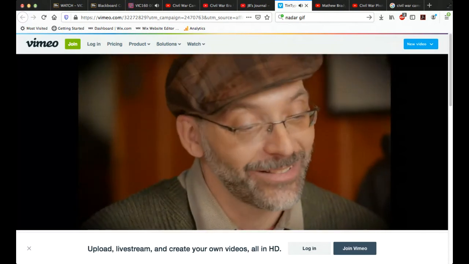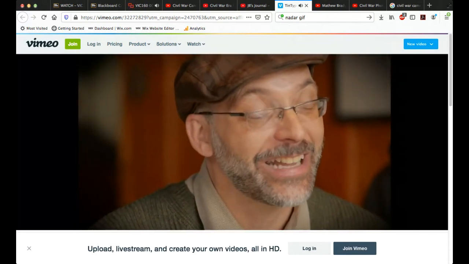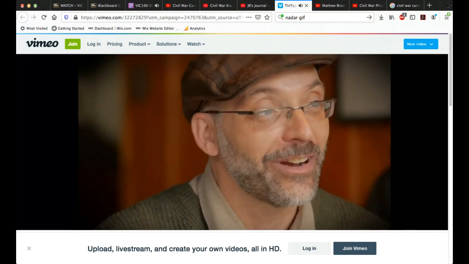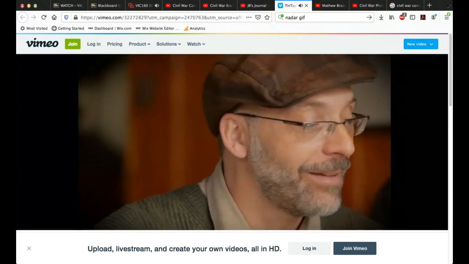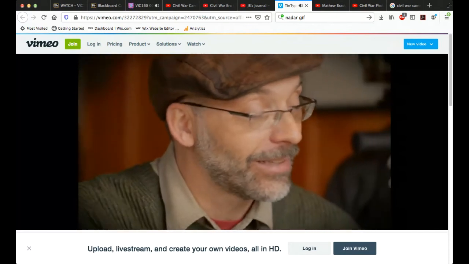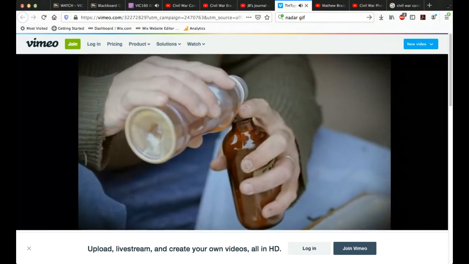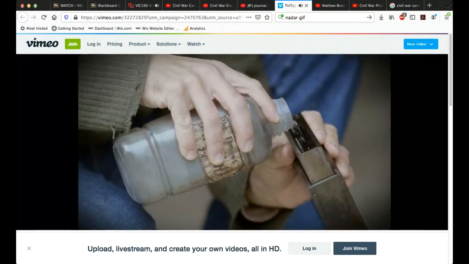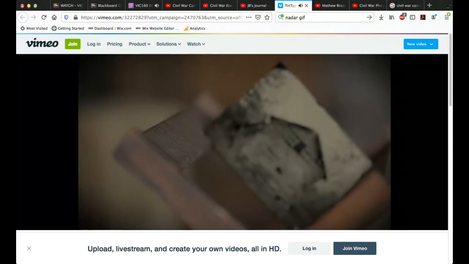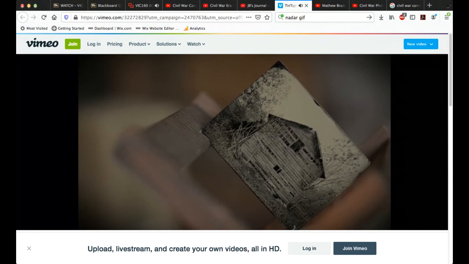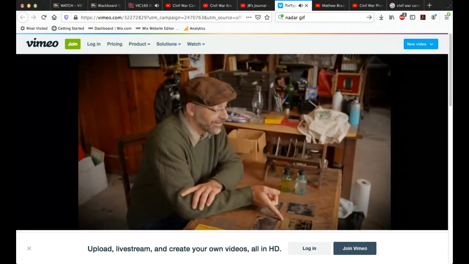The tintype work is a little bit like cooking. It's a little bit like alchemy. I'm very much in control of what happens from manufacturing and making a tin plate to mixing up all the chemistries. And I very much like that at the end, this is one-of-a-kind, in most cases, there's only one of these.